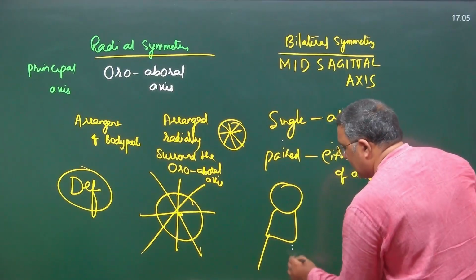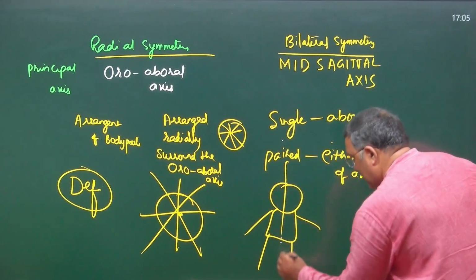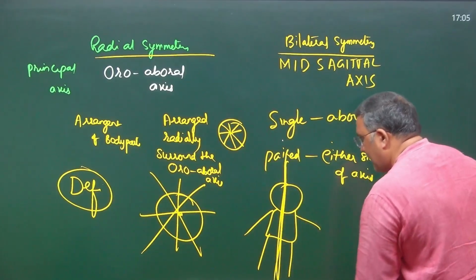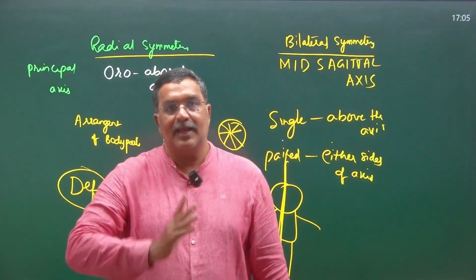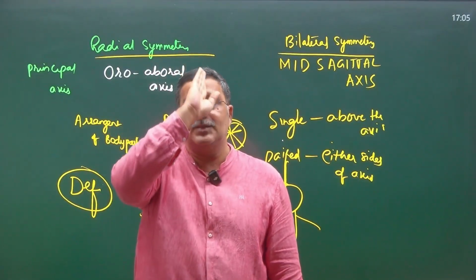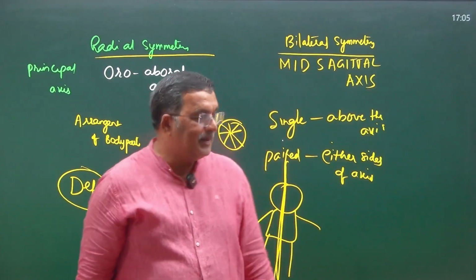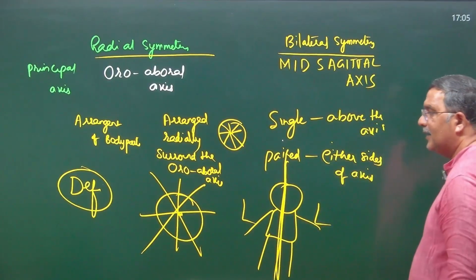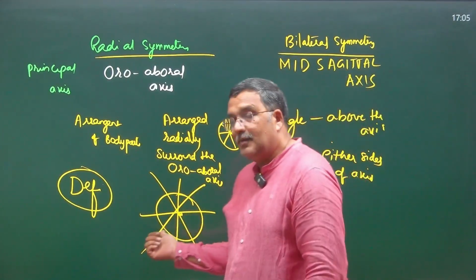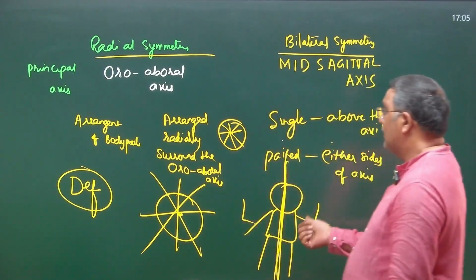If you cut the organism through one plane, what is that plane? The mid sagittal plane. Through this plane, we get two equal lateral halves. Here you need to remember: radial, any plane; bilateral, only one plane.